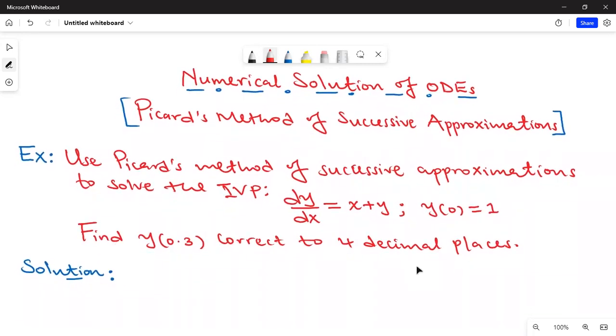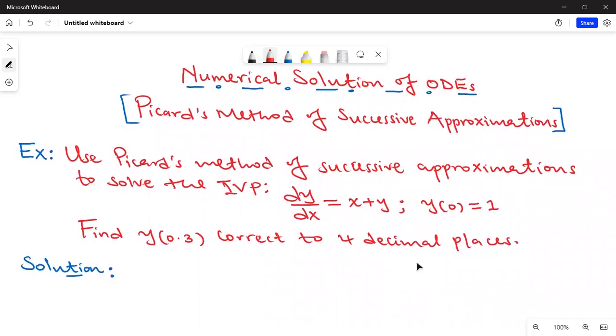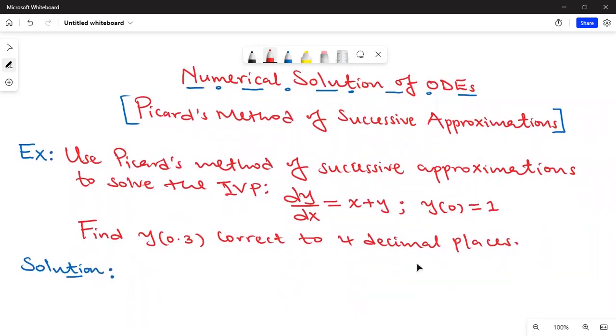Now, remember, we are using Picard's method to approximate the solution of an ODE. And in particular, we need the value of y when x is 0.3. So if we look at our ODE and the initial condition, this one here is our f of xy.